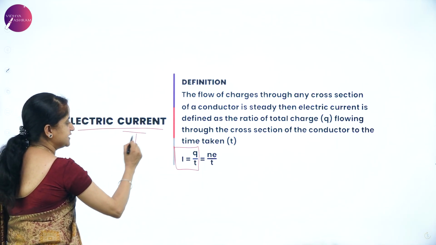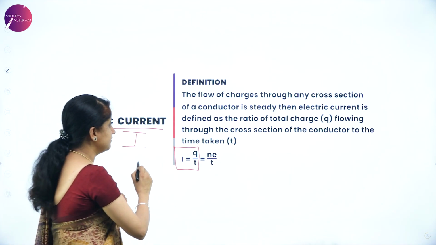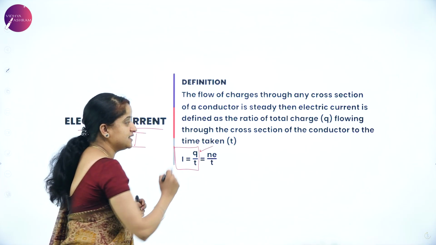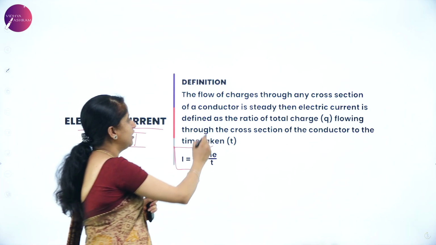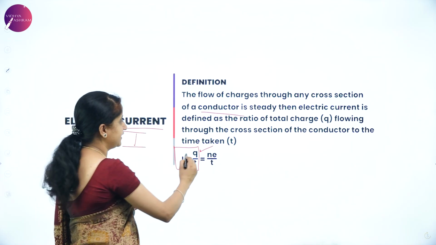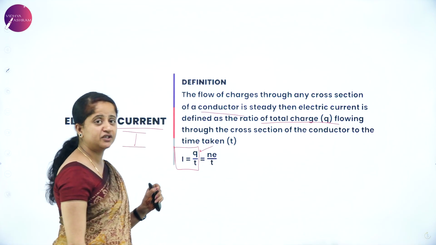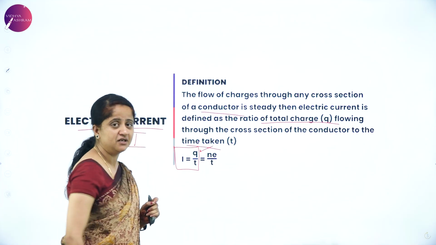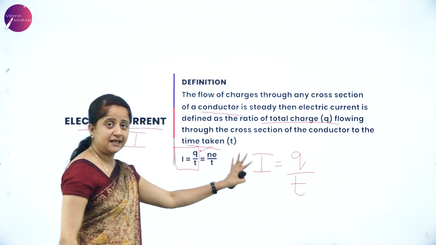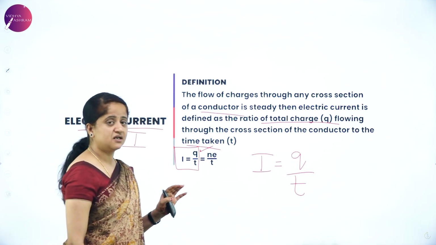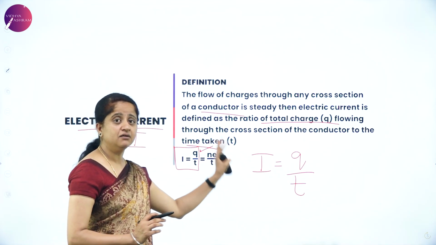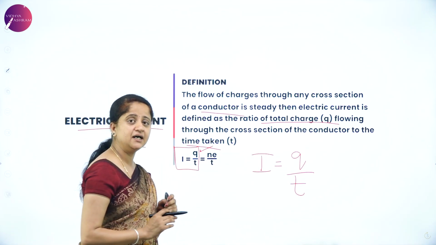Electric current or current is denoted by the letter I. It is nothing but the flow of charges, that is Q. If the flow of charges through any cross-sectional area of a conductor is steady, then the electric current is defined as the ratio of total charge flowing through the cross-sectional area in a given time, which means I is equal to Q divided by T. I is electric current, Q is the total charge flowing through the cross-sectional area, T is the time taken for the charges to move in a conductor.